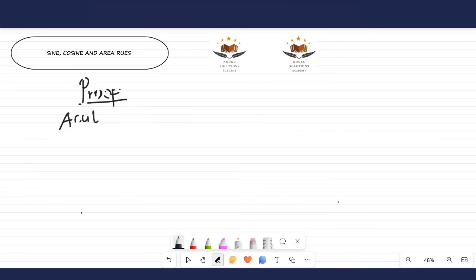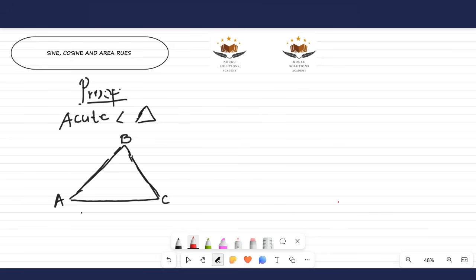If we have an acute angle triangle, let's draw our ABC. Let's call it ABC to make it easy for you to follow. It's an acute angle. It means none of these angles are above 90 degrees. I have A, B, C.